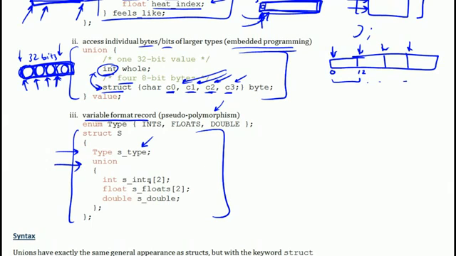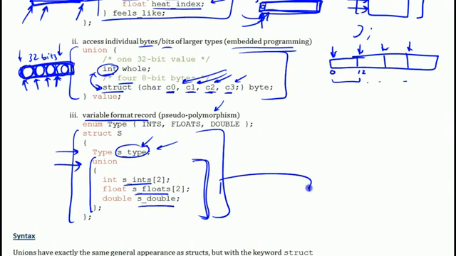We will either store, in this case, an array of integers, an array of floats, or a double, and this will be given to us by the type. So you can check the type and then determine whether we have integers stored in that area in memory, which is overlapping. It's just one area, enough to accommodate either a double or an array, or just two floats in this case, or two integers.